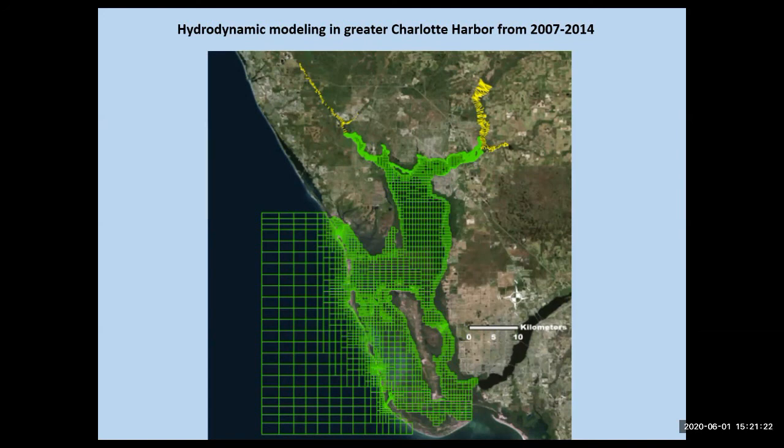Florida Fish and Wildlife, our GIS group, obtained the data from Dr. Chen, and we've used that for modeling and mapping temperature and salinity patterns in Charlotte Harbor. So we're not concerned about this entire area, but we are concerned about the area north of Pine Island. Next slide.